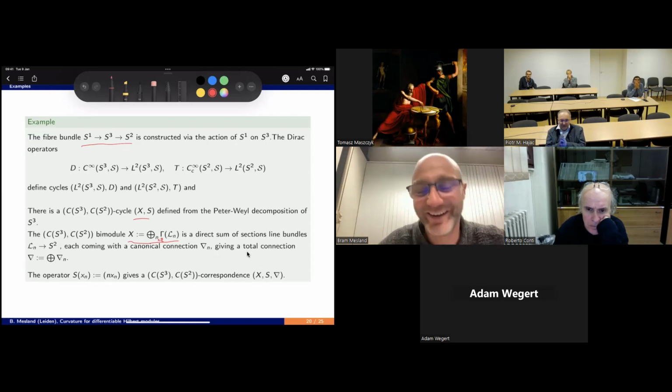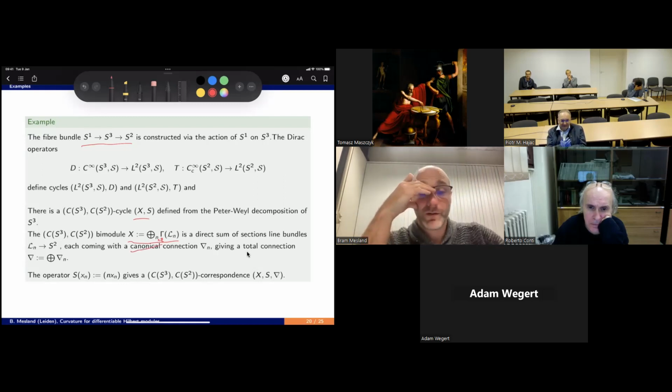I'm just trying to fix your point of view, because surely you shouldn't write canonical here. This is definitely way too strong. You have a nice Grassmann connection, and then indeed, because the topology is so natural, exactly as you said, you can add L_n to L_{-n}, and it will be a free module. And that's very natural. Then this gives you an embedding, and then it gives you a connection.